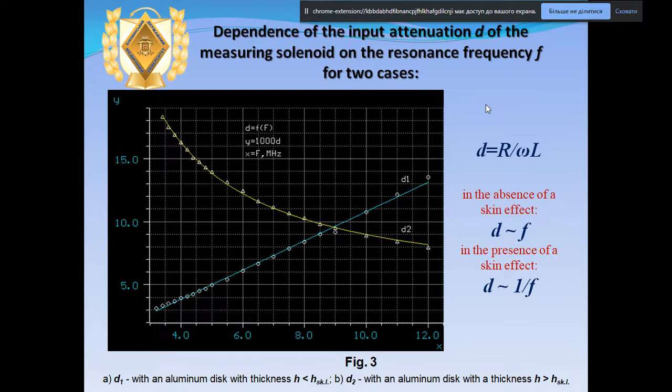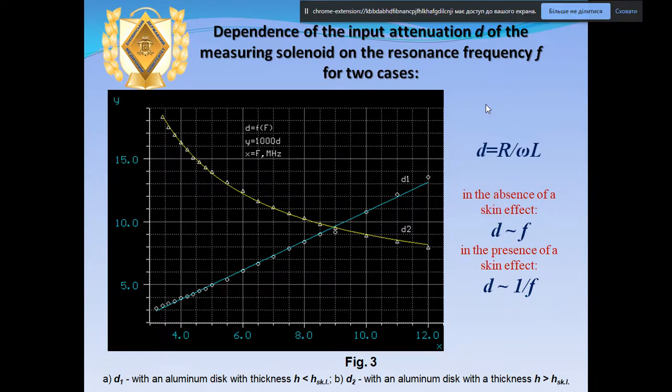Figure 3 also shows the dependence of the input attenuation on the frequency. Dependence of the input attenuation of the measuring solenoid on the resonance frequency for two cases: D1 with an aluminum disc with a thickness less than the thickness of the skin layer, and D2 with an aluminum disc with a thickness greater than the thickness of the skin layer.